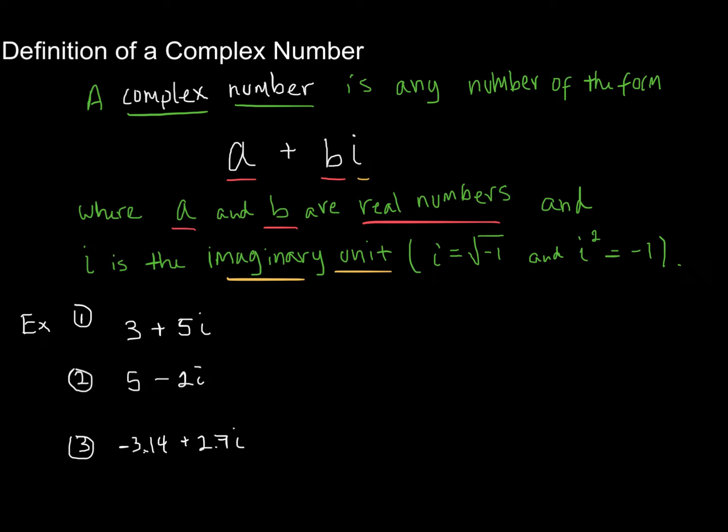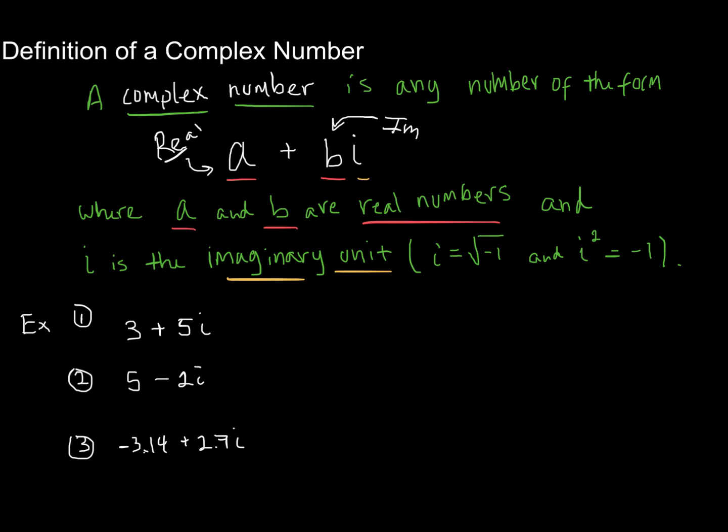So this is an important thing to remember as well. Sometimes what we call the real component we abbreviate Re, okay, real, and the real component is the a value. The imaginary component, and this is where it gets a little bit tricky, the imaginary component is the value of b.